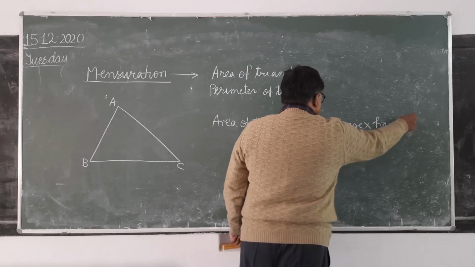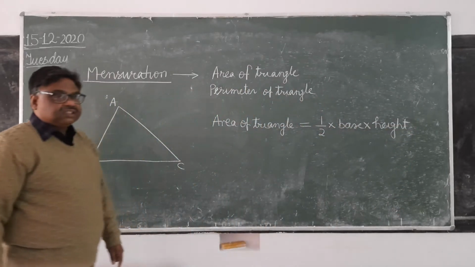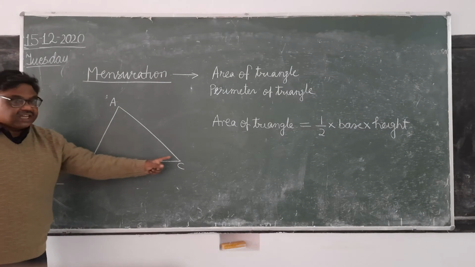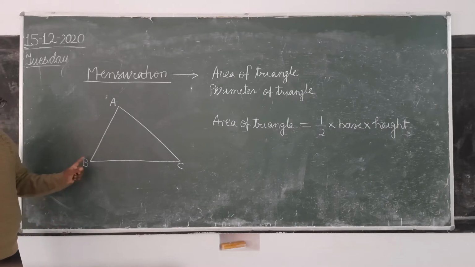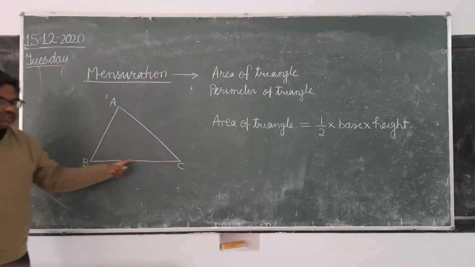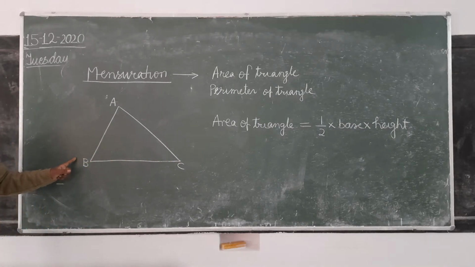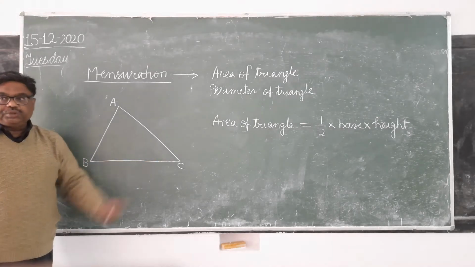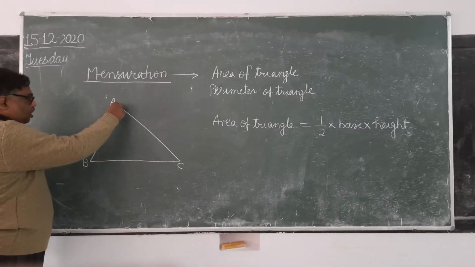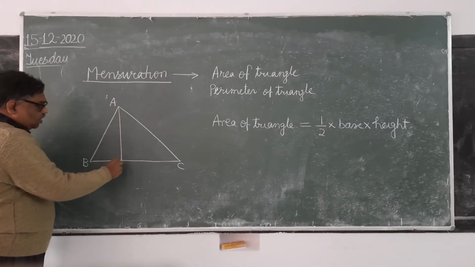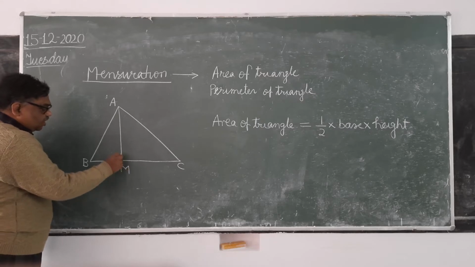Now what is the base? One side is taken as the base. If BC is taken as the base, then what will be the height corresponding to BC? BC is joining which two vertices? B and C. So which vertex is left? A. From A draw the perpendicular on BC. You name this as AM.